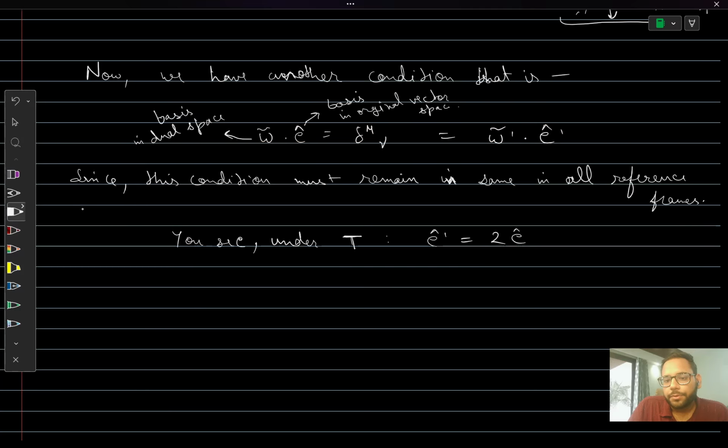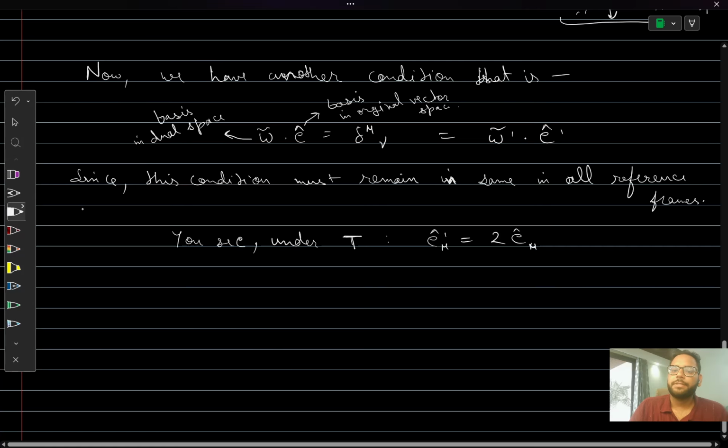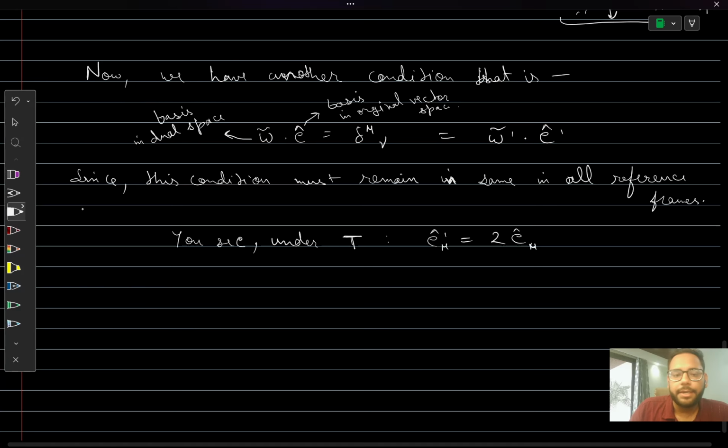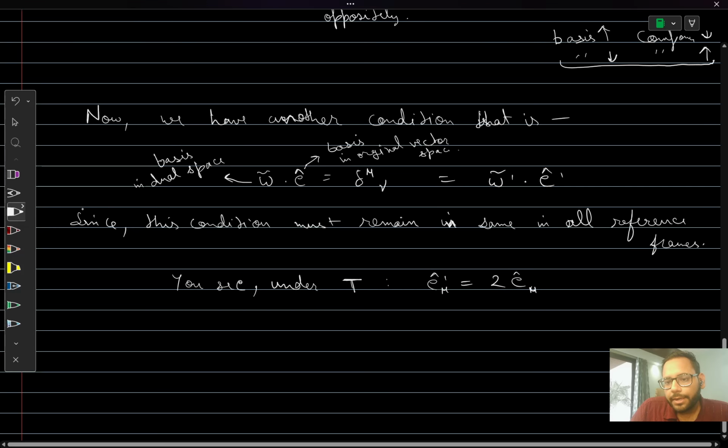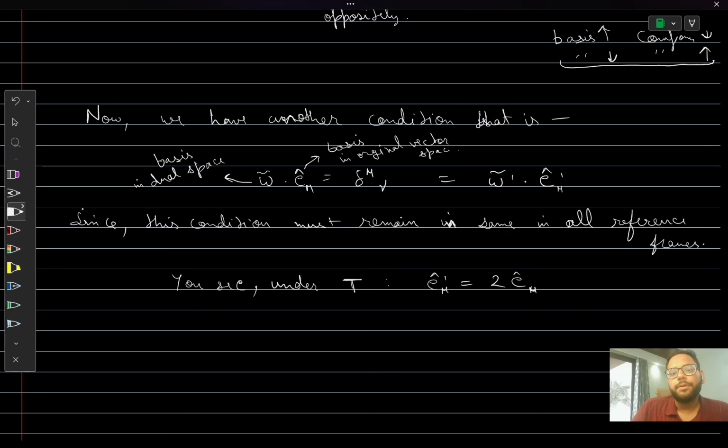So you can place, because we have defined our original basis with a covariant signature, that is a covariant index, the lower index mu, we will write it here always as mu. This is my basis in the original vector space.